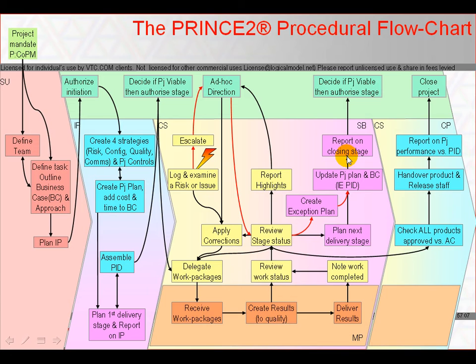The stage is summarised in an end stage report, and the net result is that the project board consider a revision to the project initiation information on which they authorise the project, and a stage plan on which they may authorise a replacement stage. Exception plans always run from the point of exception to the end of the current stage.